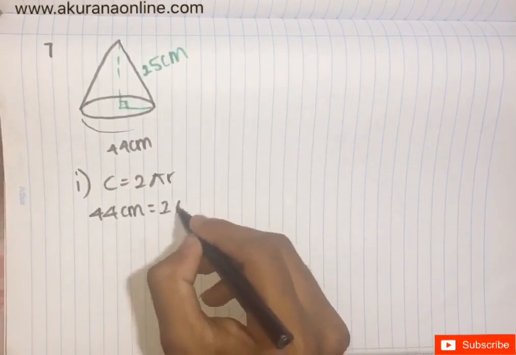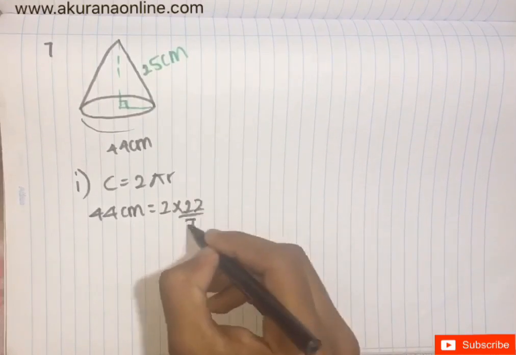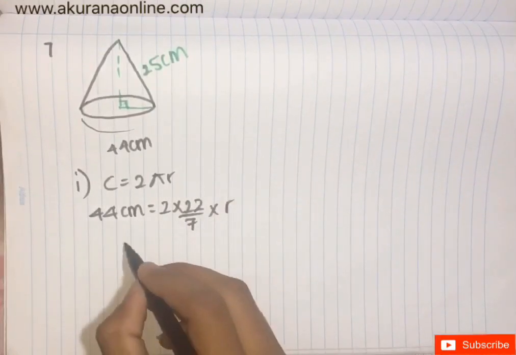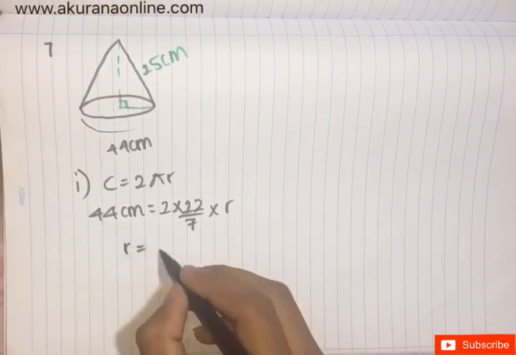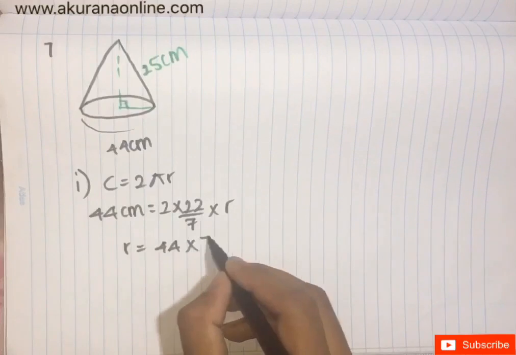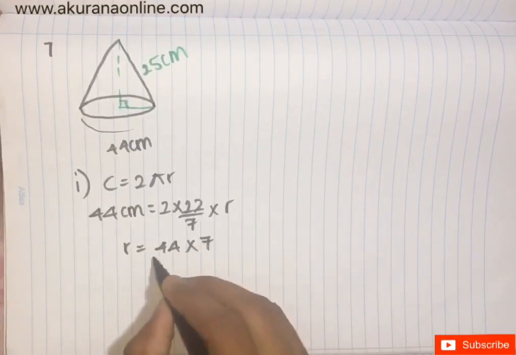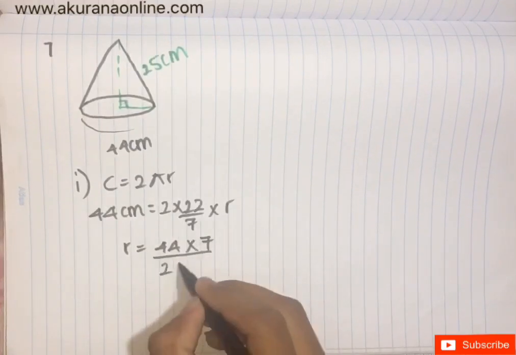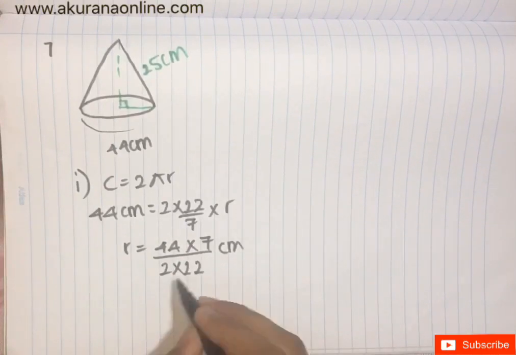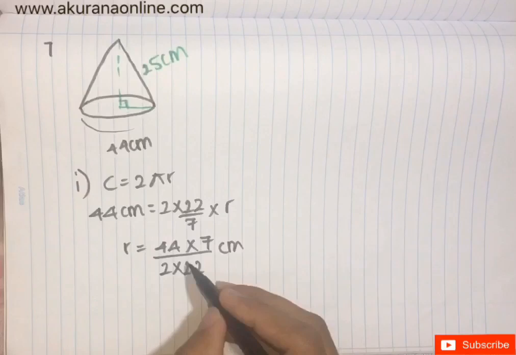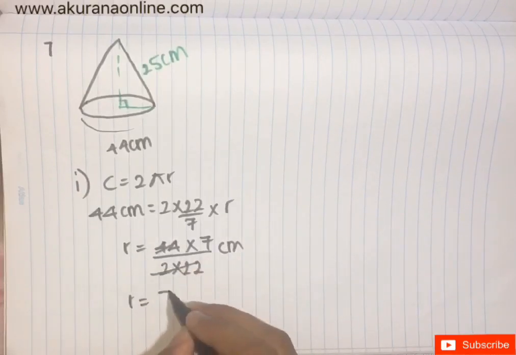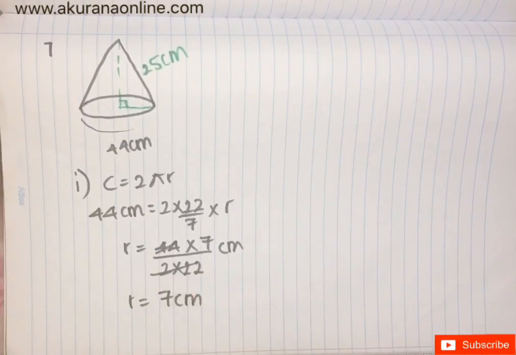Therefore 44 = 2 into 22 over 7 into r. Making r the subject, you bring the 7 to the other side, it becomes multiplied, and then divide by 2 into 22. The answer will be in centimeters. 2 into 22 gives 44, so you can cancel this off, and the radius is equal to 7 centimeters. Are you clear with that?